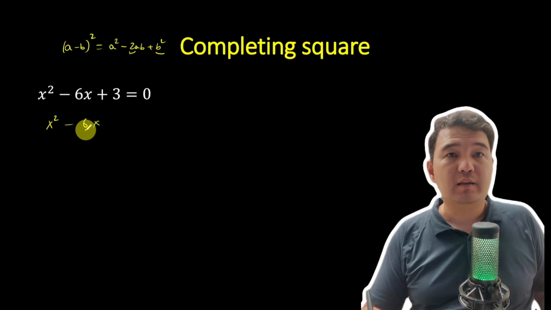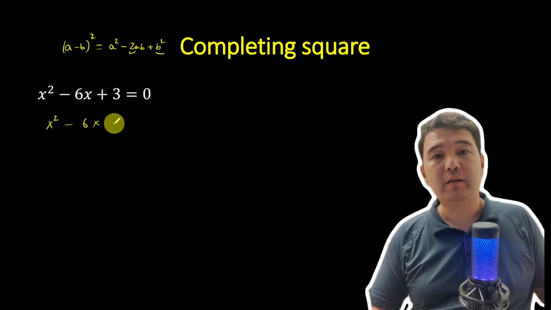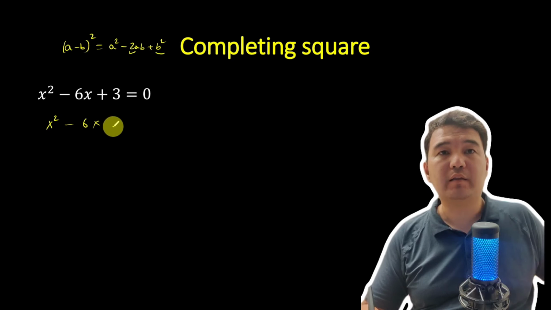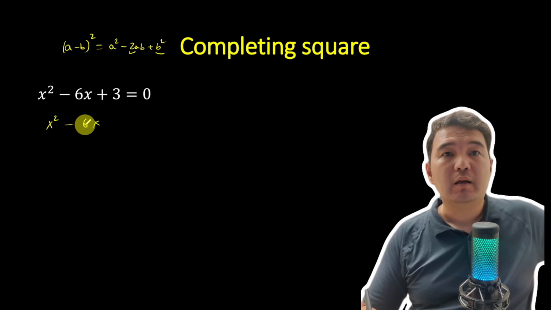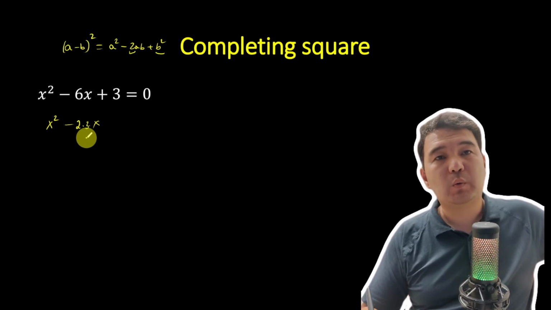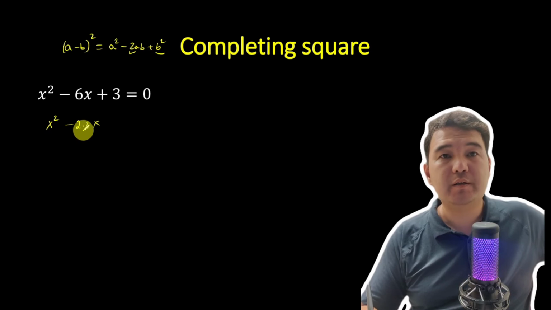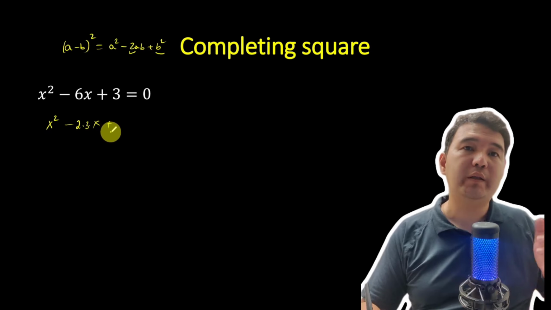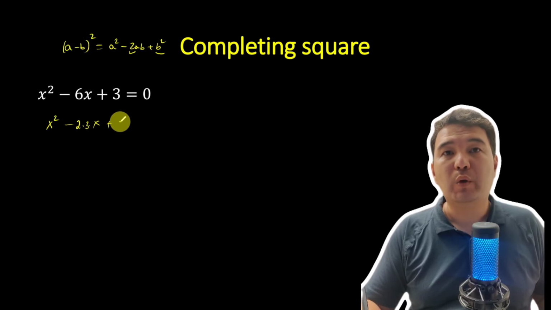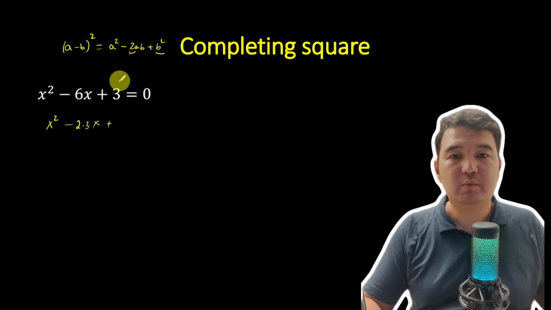So just divide this number by 2 and try to make the remaining term equal to the square of that number. For example, we can rewrite 6 as 2 times 3, and we need 3 squared, which is 9.